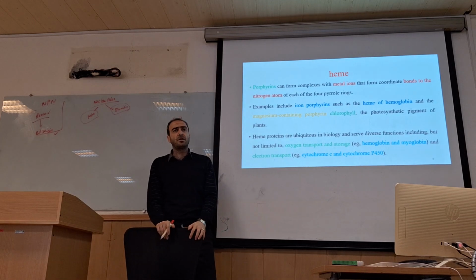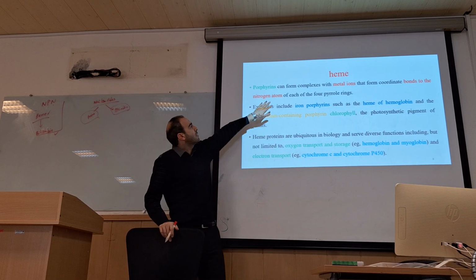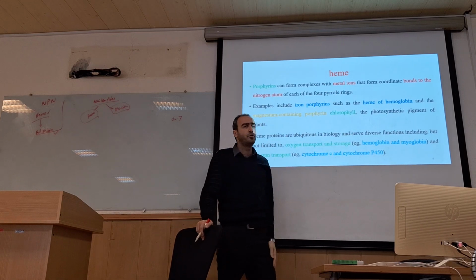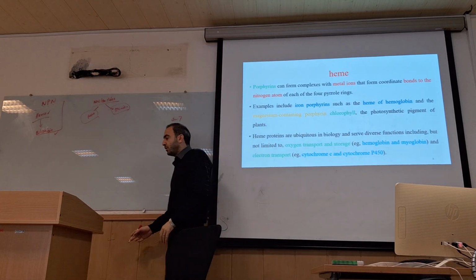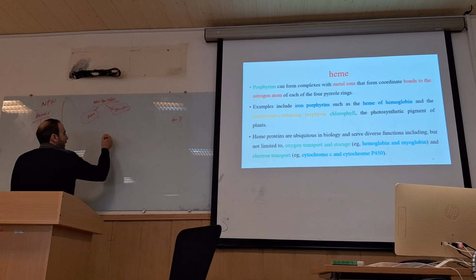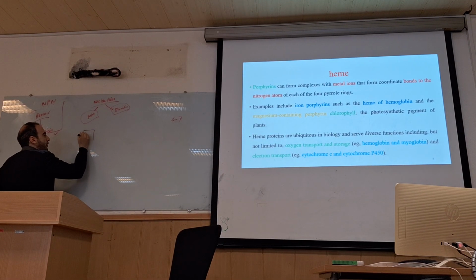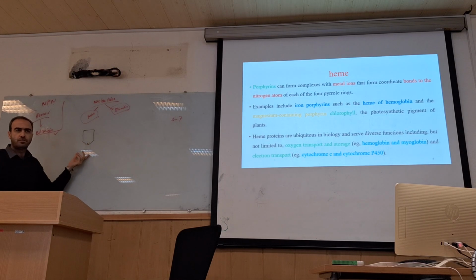Porphyrins are complexes of a metal ion with porphyrin. What is porphyrin? It is built from pyrrole. Pyrrole contains one nitrogen.